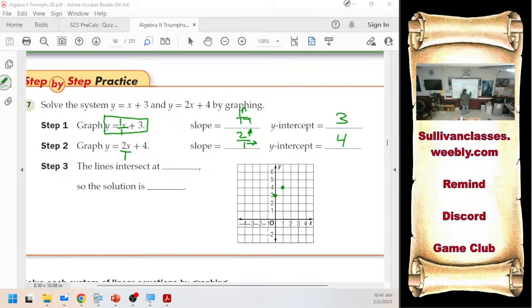You make as many points as you can. The more points you make, not only the more accurate your line, but there's a good chance one of those is going to be your answer. Okay? Connect the dots.